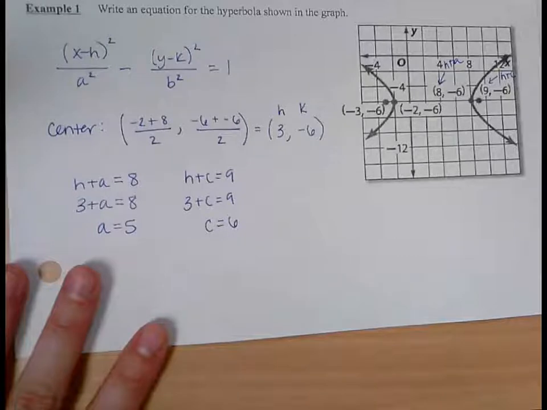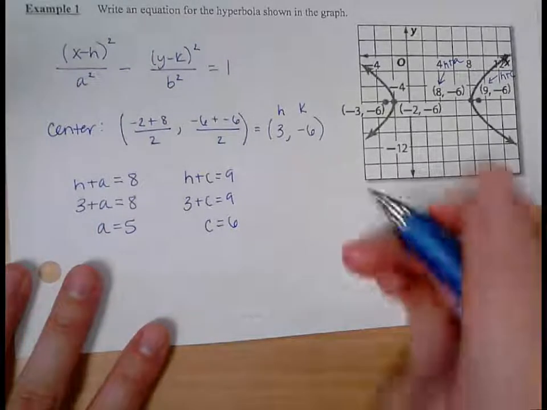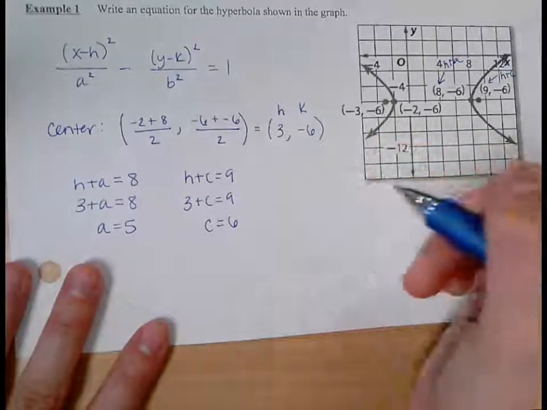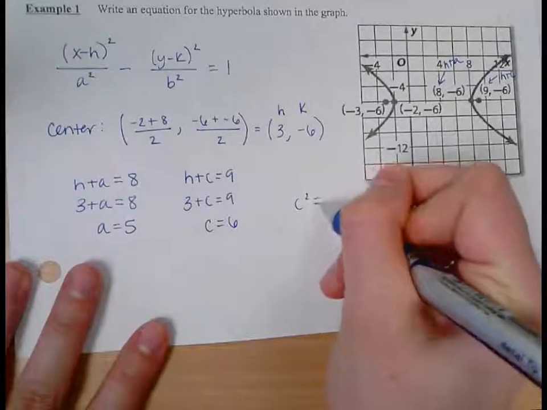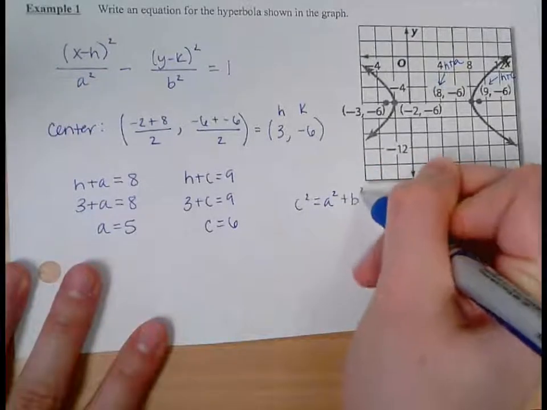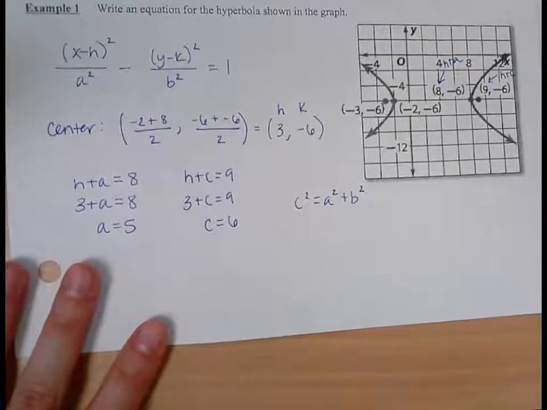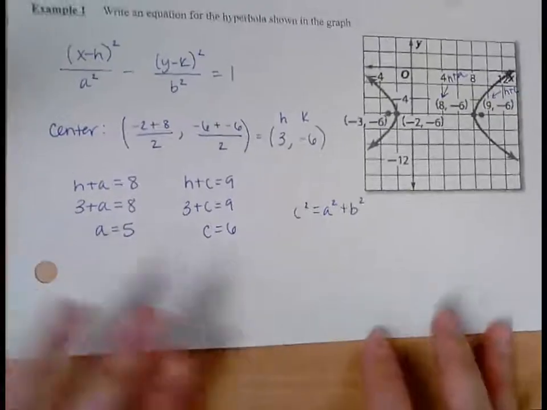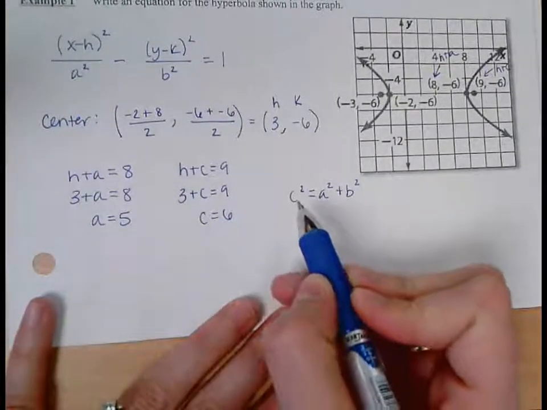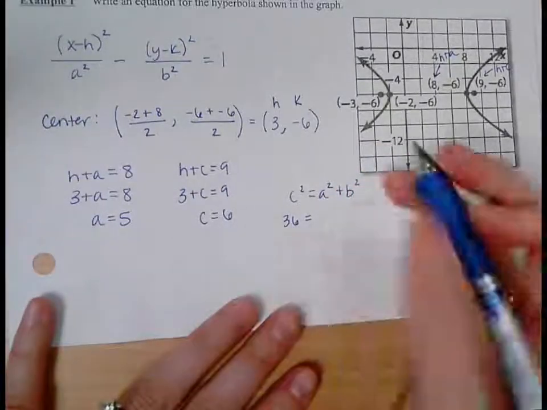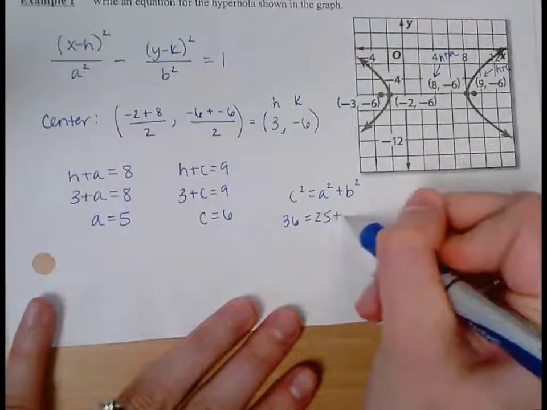And then how do we find b? Yes. So c squared equals a squared plus b squared for a hyperbola. Substitute in your a and your c, solve for b. It will end up being the square root of c squared minus a squared. So I'm going to substitute in: if c is 6, c squared is 36. a is 5, so a squared is 25.